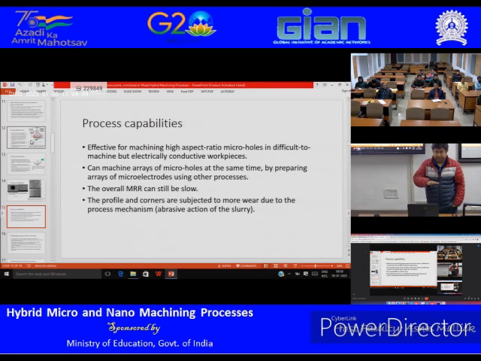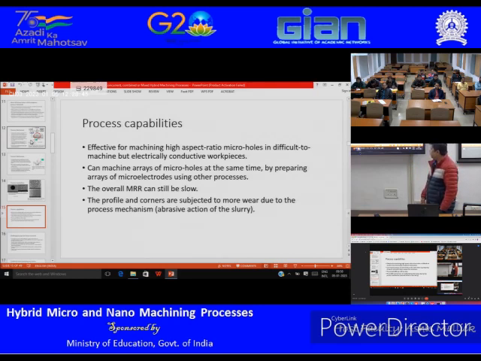Micro EDM is difficult there, because the flushing becomes a major issue when you are machining arrays of holes. But ultrasonic machining is used for making arrays of holes. So when you combine those two processes, it can be really good for making arrays of holes.